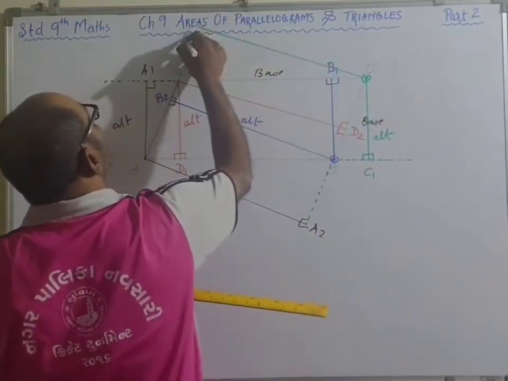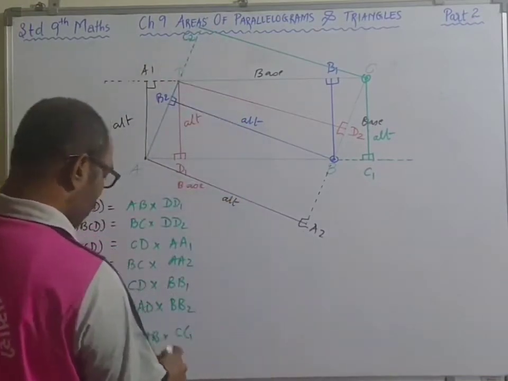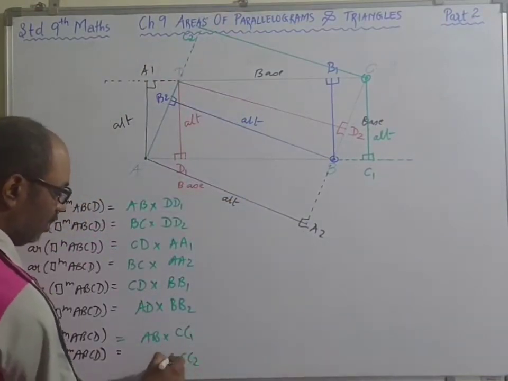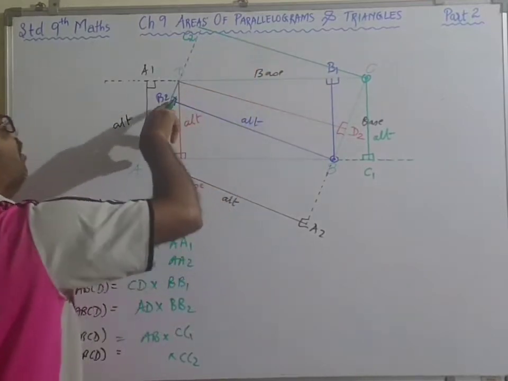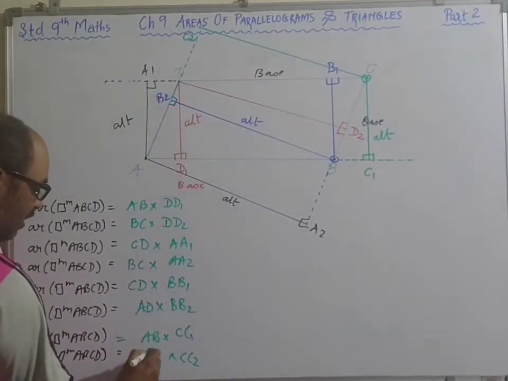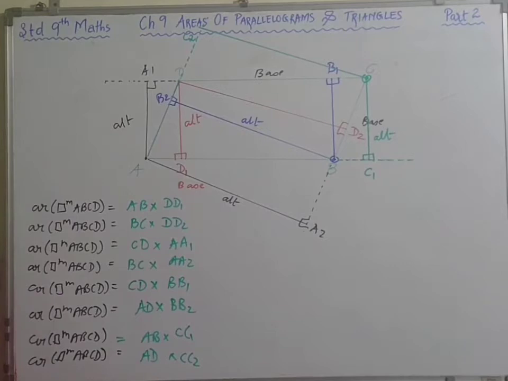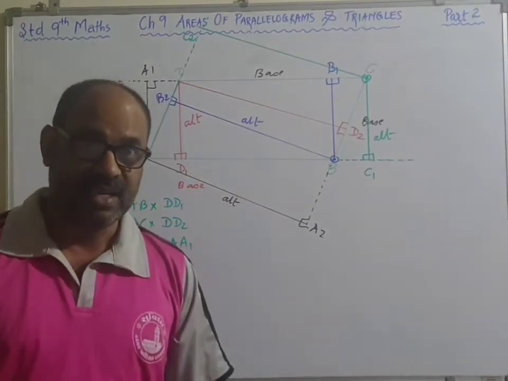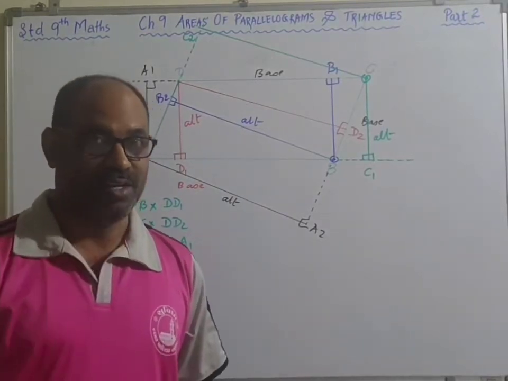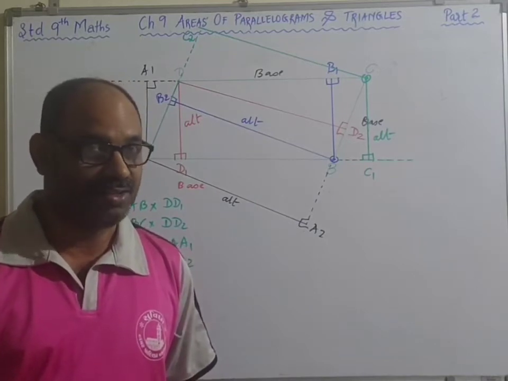Extending it here, this is C2. So CC2 is the corresponding altitude to base AD.